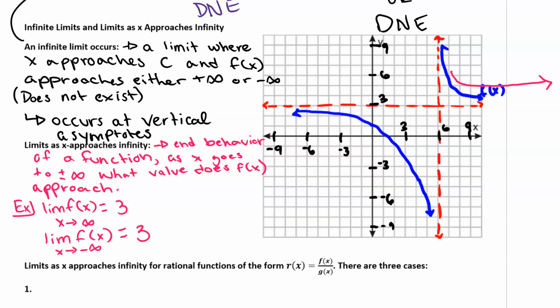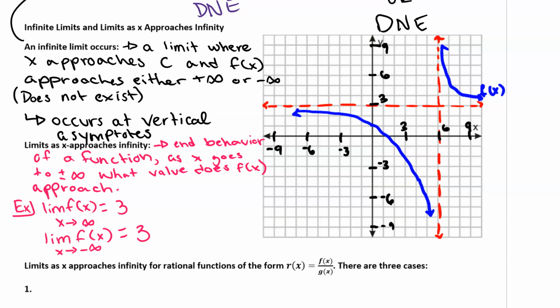So that's the difference between an infinite limit and a limit at infinity. An infinite limit refers to x approaching a finite value c, and f of x, the output, approaching either positive or negative infinity. That's going to occur at vertical asymptotes. And then when we're talking about the limit as x approaches infinity, instead of x approaching a finite value, we're talking about the end behavior of the graph.